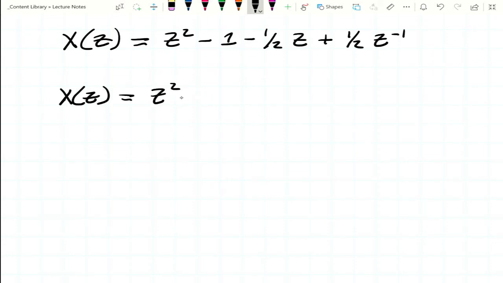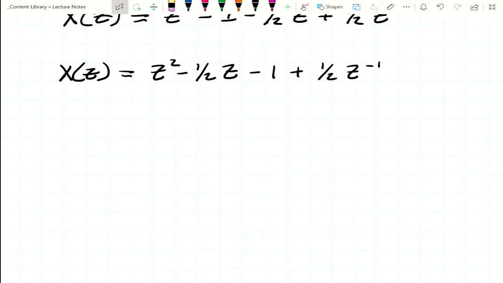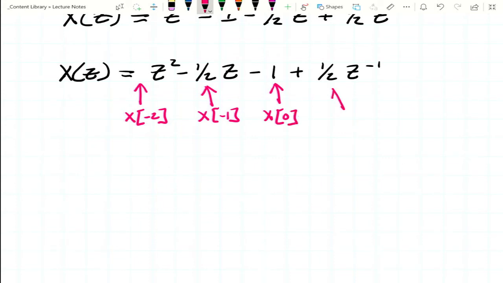So x of z is z squared minus 1/2 z minus 1 plus 1/2 z to the negative 1, which means that is our x of negative 2, that is our x of negative 1, that's our x of 0, that's our x of 1. Just like that.